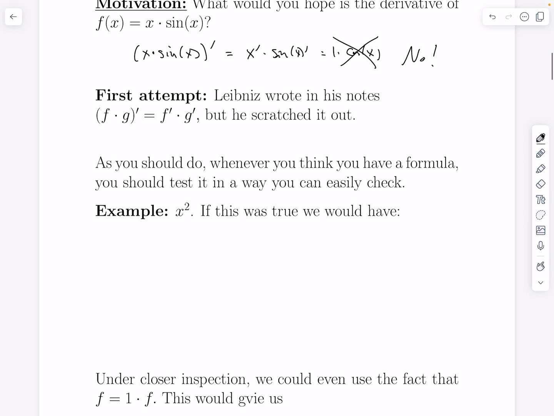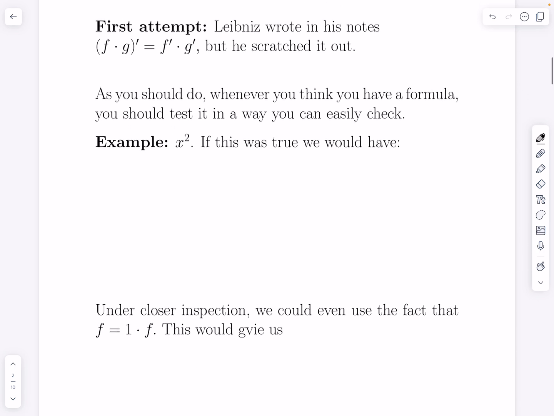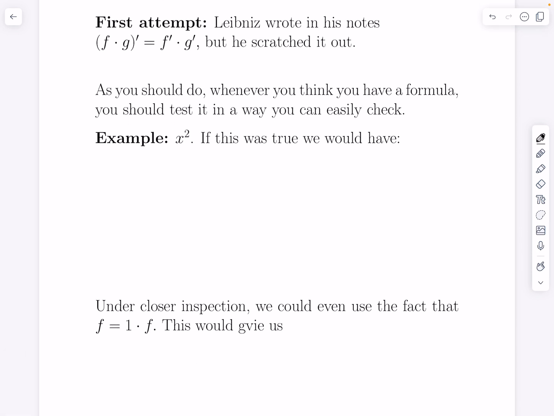Okay, so let's check what we would get in this case with x squared. So we know x squared prime is, by the power rule, 2 times x. What would that be if we could use this simple rule?